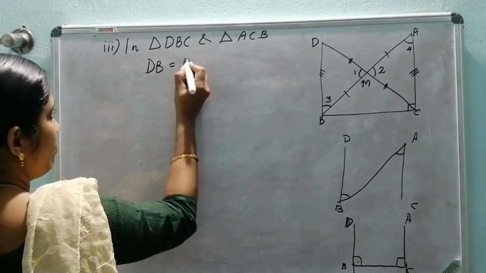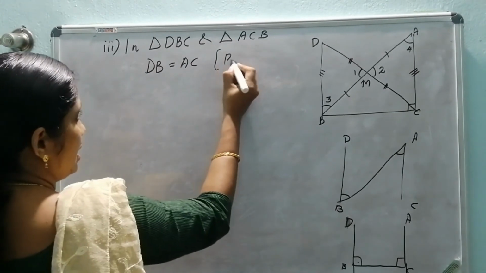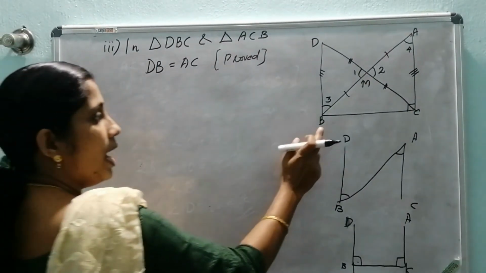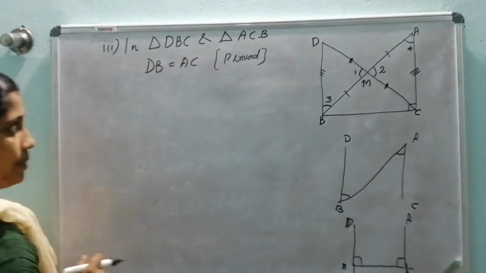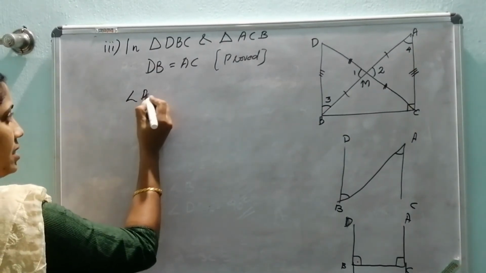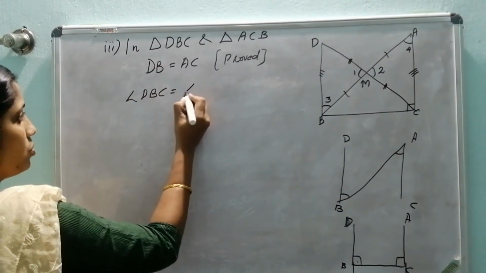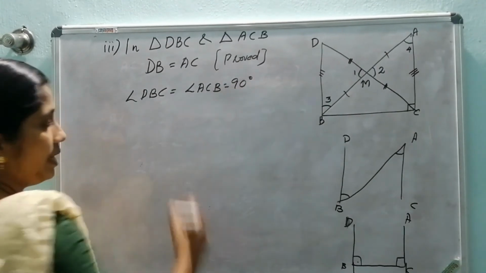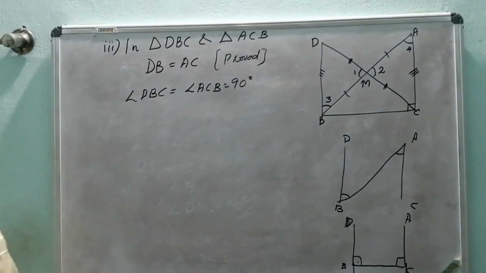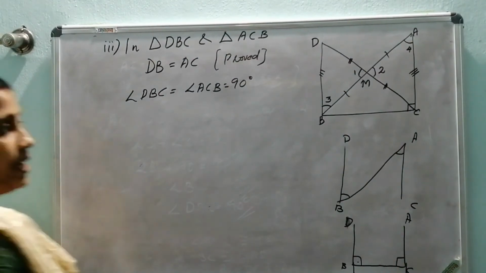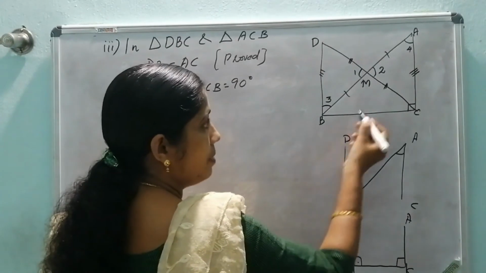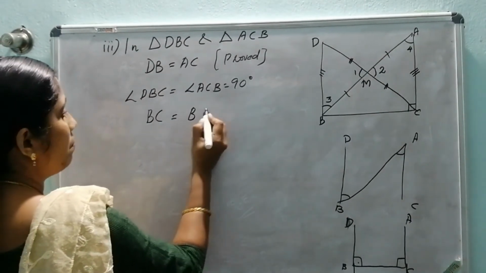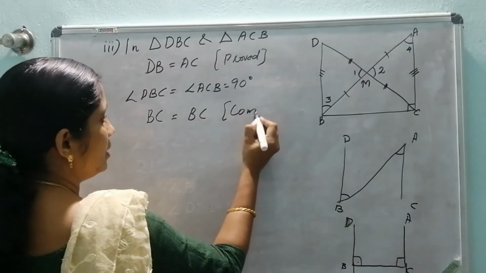Then angle DBC is equal to angle ACB, equal to 90 degrees. That also we have proved. Then this side is common to both triangles, so BC is equal to BC, common.